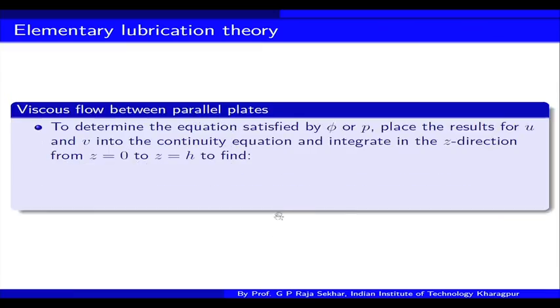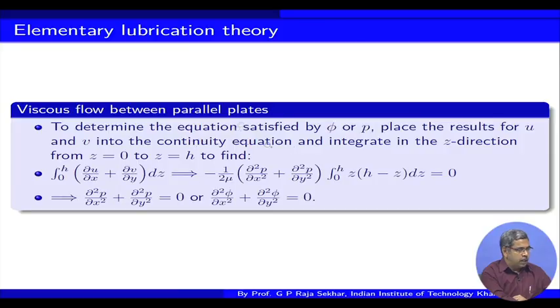Now the equation satisfied by phi can be obtained directly by taking the divergence, or in other words we can also integrate the corresponding mass conservation across this. So, that is what we have done. Then we conclude that the corresponding potential is harmonic.